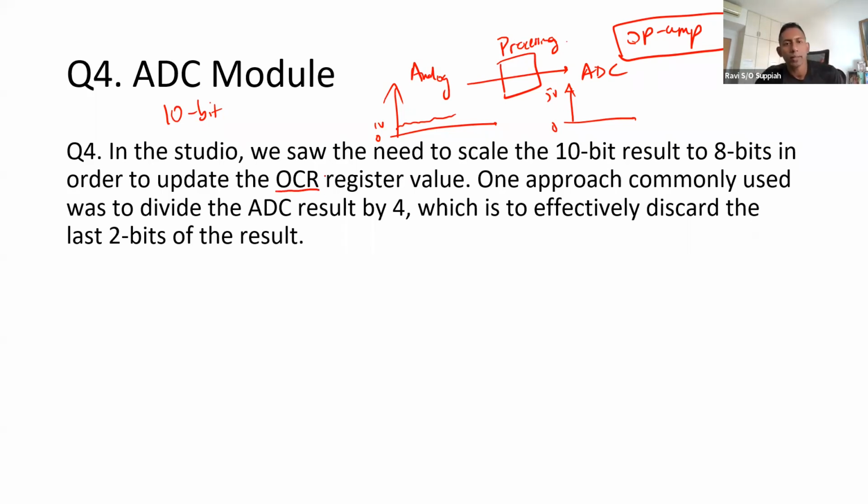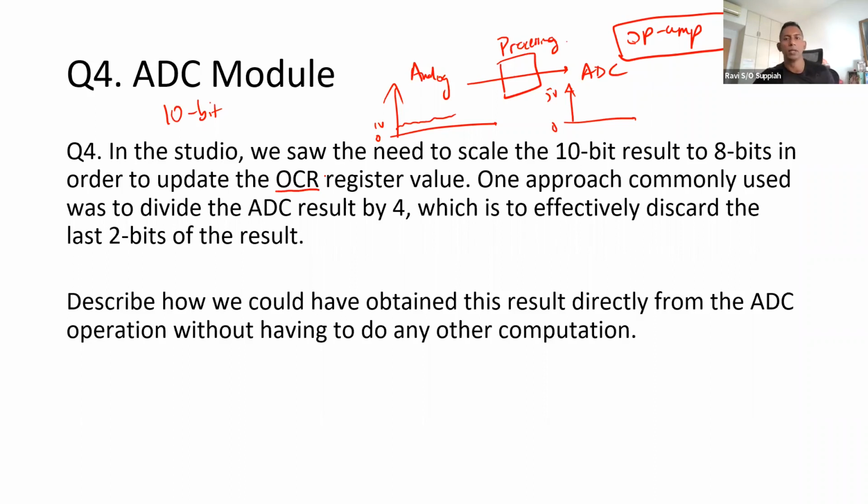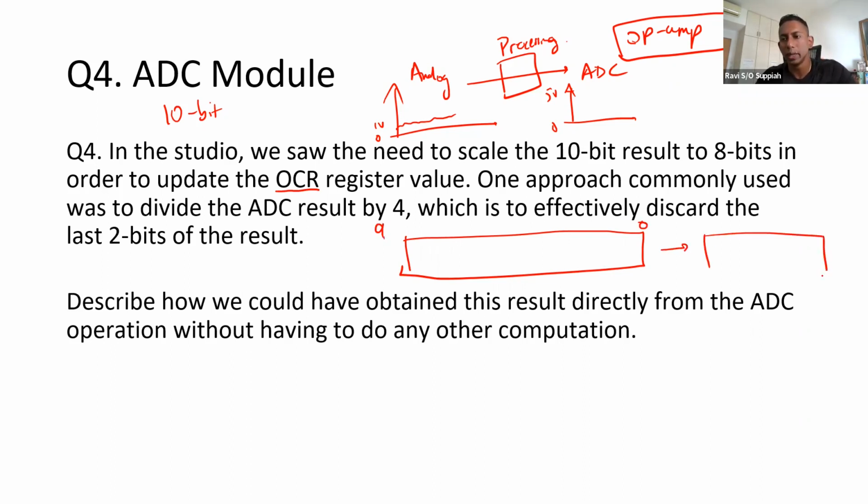One of the easiest ways to scale it down is to discard the lower 2 bits. If you remember, I have my total result, which is 10 bits, 9 to 0, and I want to bring it down to 8 bits, 0 to 7. One way is to discard bit 0 and bit 1. Basically, bits 9 to 2 will map to 7 to 0.